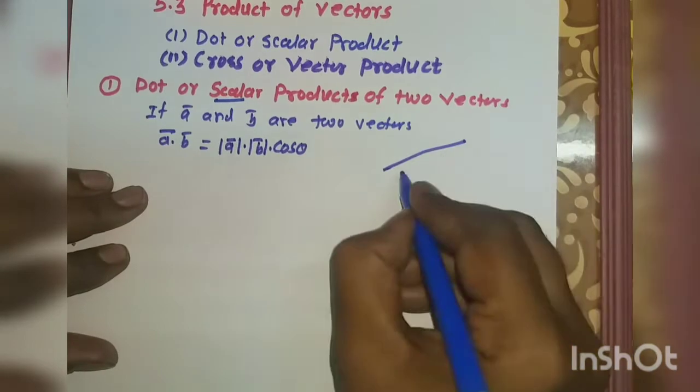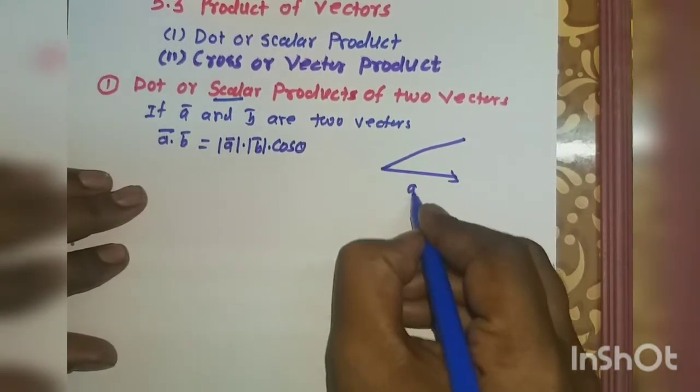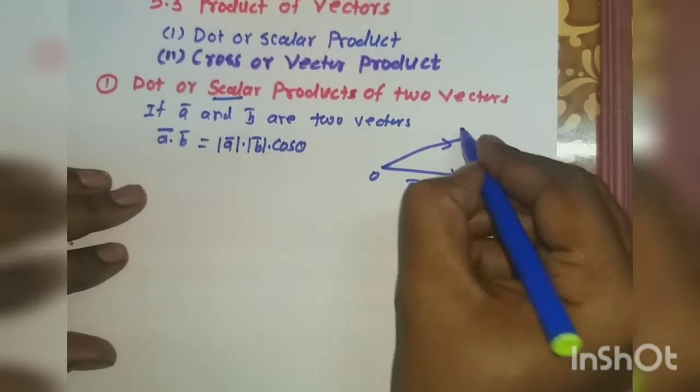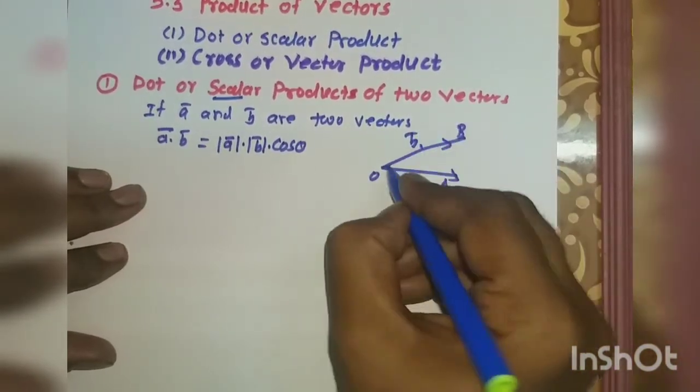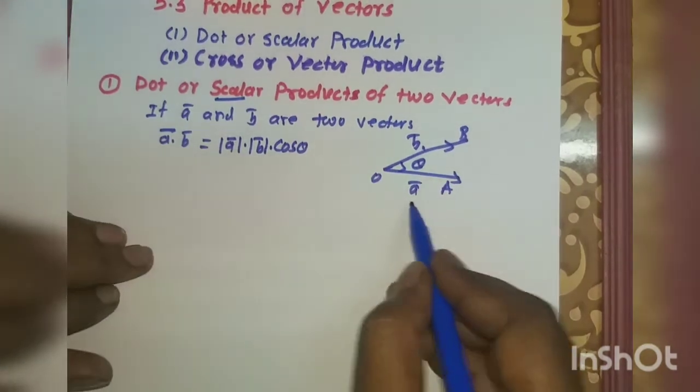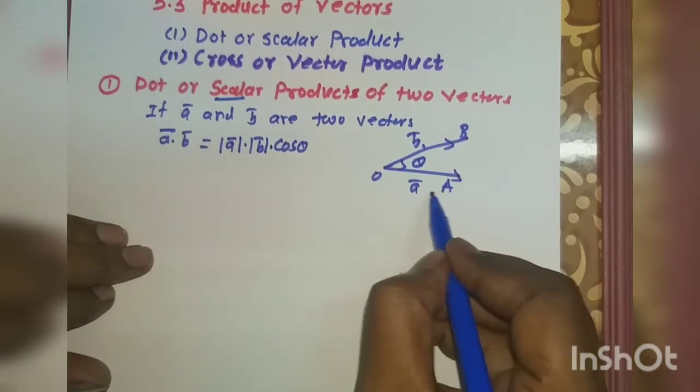Here theta is the angle between them. Suppose this is the vector a bar and that is the vector b bar. Here theta is the angle between them. That means these two vectors have the same initial point O.